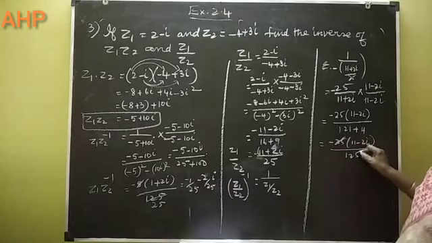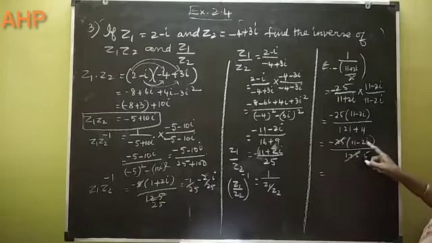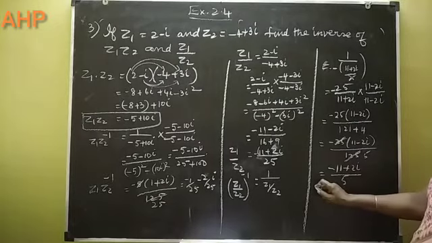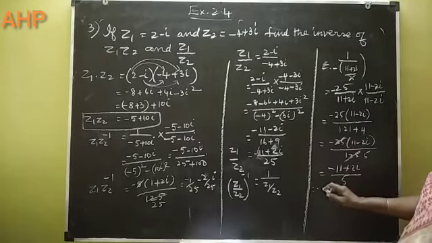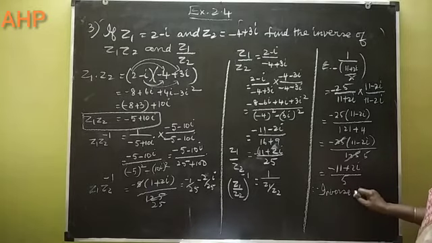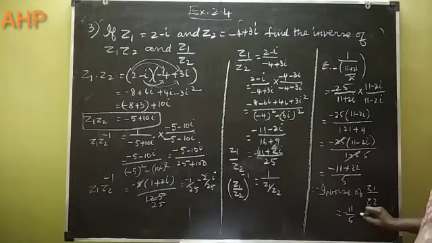So 25 goes here 5 times. So this is equal to minus 11 plus 2i, so minus 11 plus 2i divided by 5. Therefore, the inverse of z1 by z2 is equal to minus 11 by 5 plus i into 2 by 5.